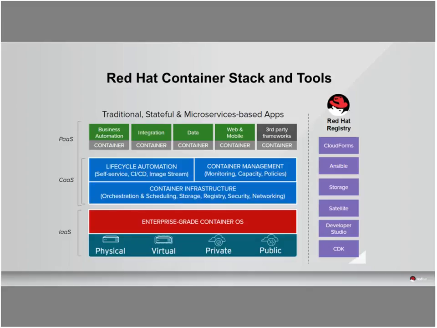We have at the PaaS layer, XPaaS, which is a variety of our middleware portfolio that can run within OpenShift as add-on services. So services around web and mobile, data, different integration services, business automation. And these are typically pulled from a Red Hat registry, which is a secure container registry where you can leverage different technologies like CloudForms and Ansible, Satellite, et cetera, to make use of these.